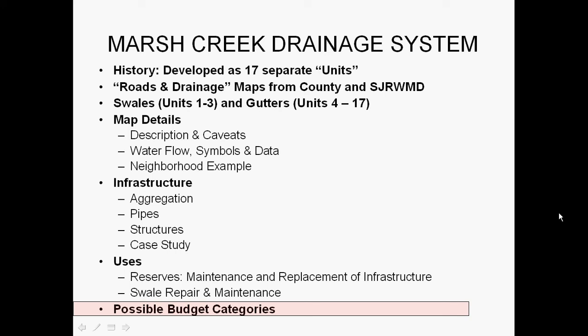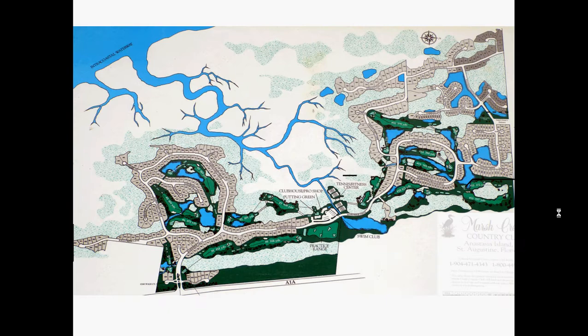And then lastly, there are suggestions or possible considerations for 6 budget categories to help size and manage the finances related to this. Keep in mind that this discussion is about understanding available information. It's not about how to fix drainage problems. That's out of scope, but certainly will be the subject of later discussion.